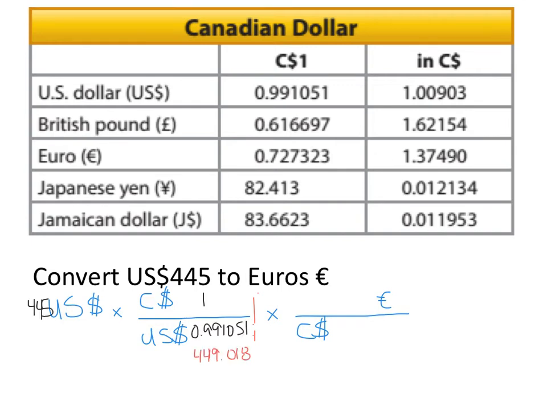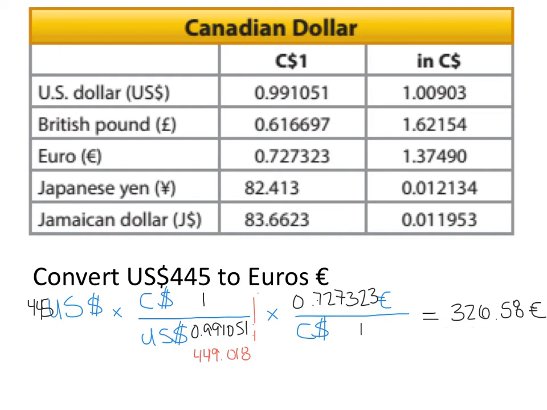For this example, I chose to use the idea that 1 Canadian dollar was equal to 0.991051 American dollars. And at this stage, the math is suggesting to me that we have 449 Canadian dollars. Once we have an amount in Canadian dollars, or if you like, you can continue straight into converting into euros, we can use the relationship that 1 Canadian dollar is equal to this number of euros.